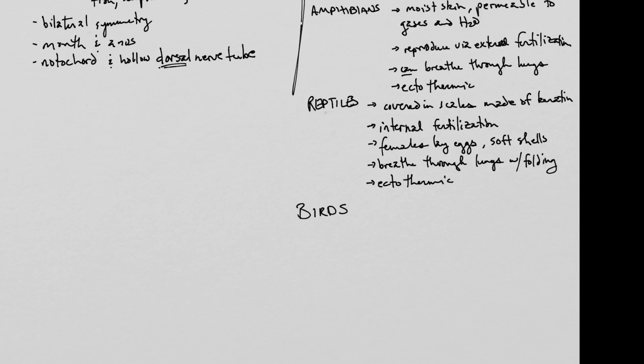All right, second to last one, birds. Birds, even penguins, have feathers made of keratin. Birds reproduce via internal fertilization, and eggs have hard shells on them.